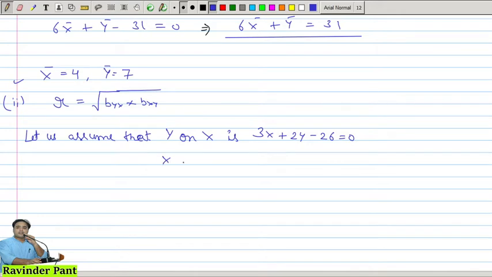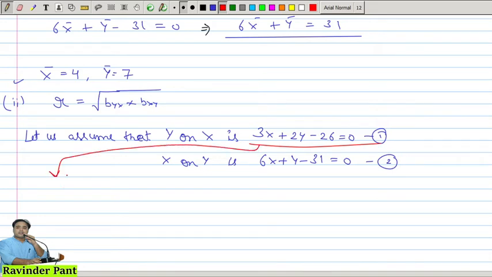And similarly, x on y is 6x plus y minus 31 is equal to 0. So we'll call it 1 and 2. Now we solve for 1. Solving for 1 will give you this.